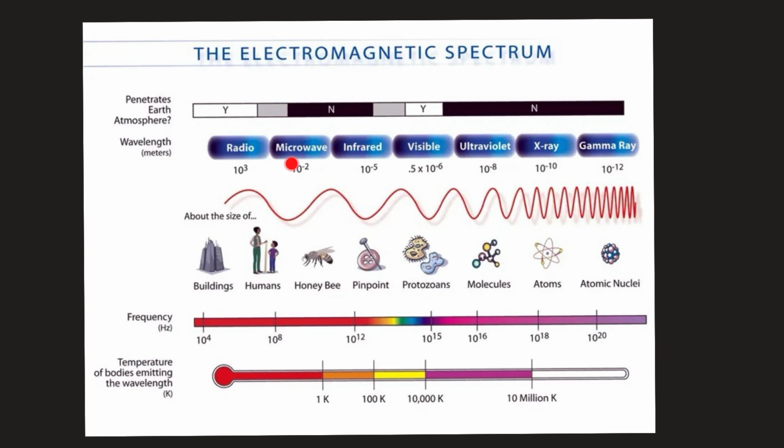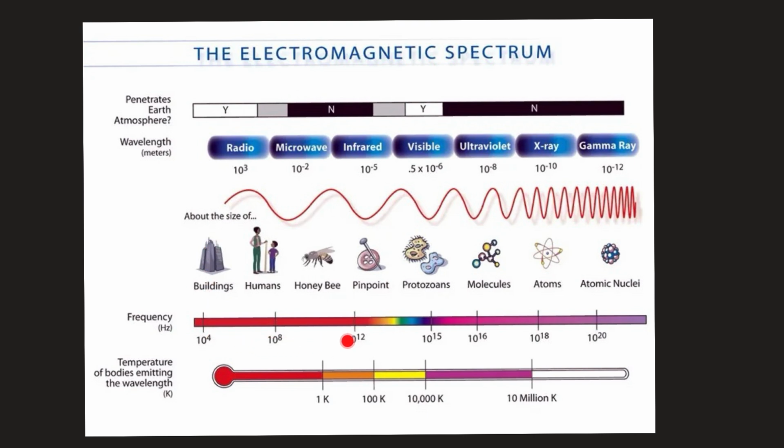We have the radio waves, microwaves, infrared, visible, ultraviolet, then X-rays, and the ones with the smallest wavelengths are your gamma rays. And inversely, that's what's going on with frequency. The one with the lowest frequency, on the order of 10 to the fourth, is radio waves.